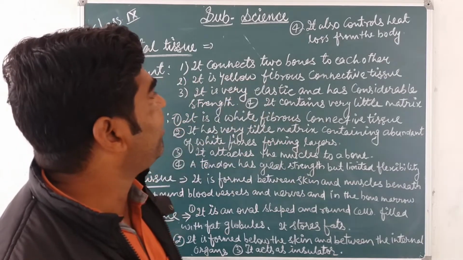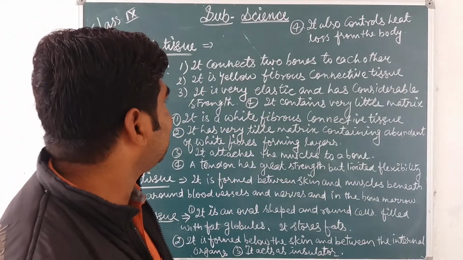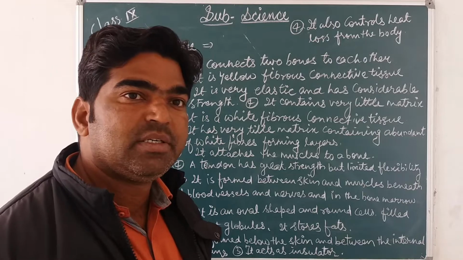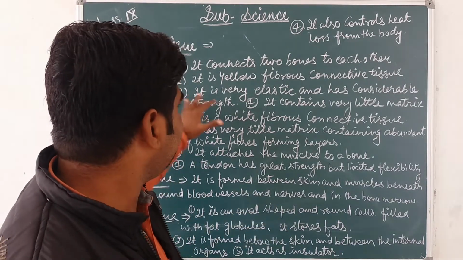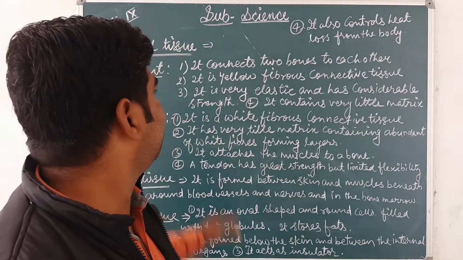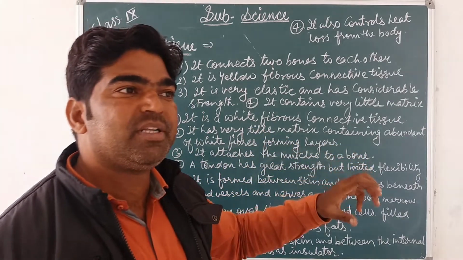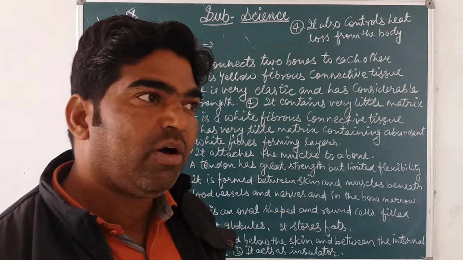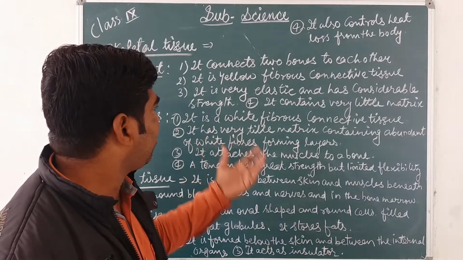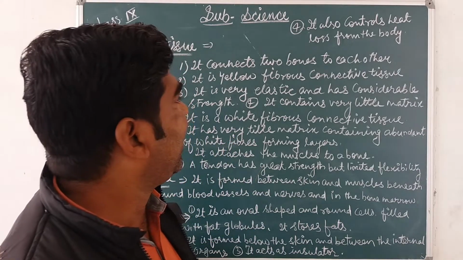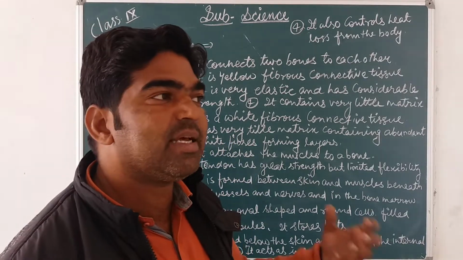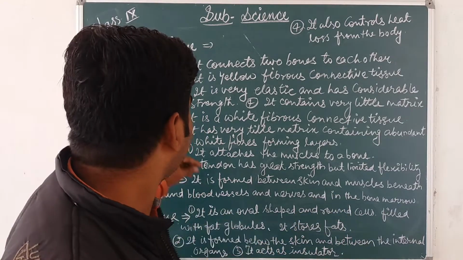It contains yellow fibrous connective tissue. It is very elastic and has considerable strength. This ligament also has flexibility or elasticity, and it has considerable strength.